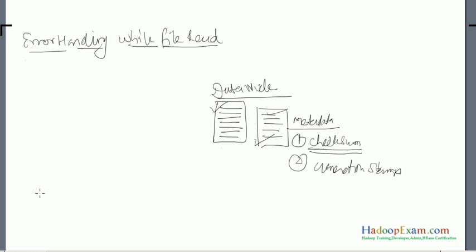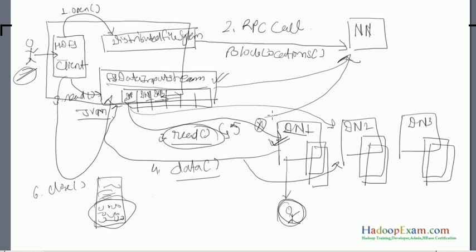While reading the file, the client directly contacts the data node. So reading happens through the data node, not through the name node.